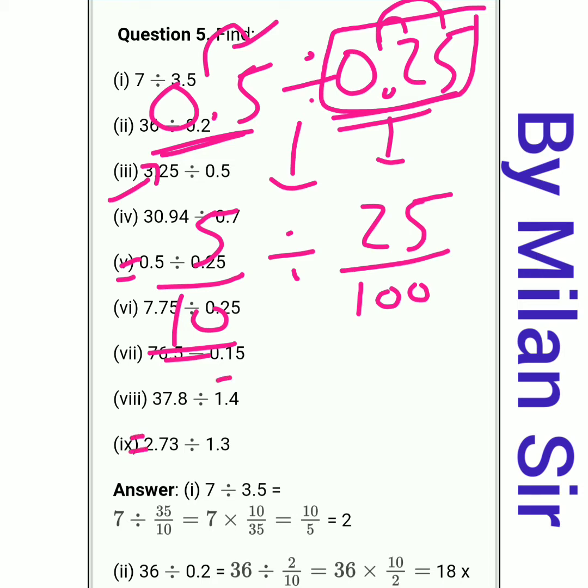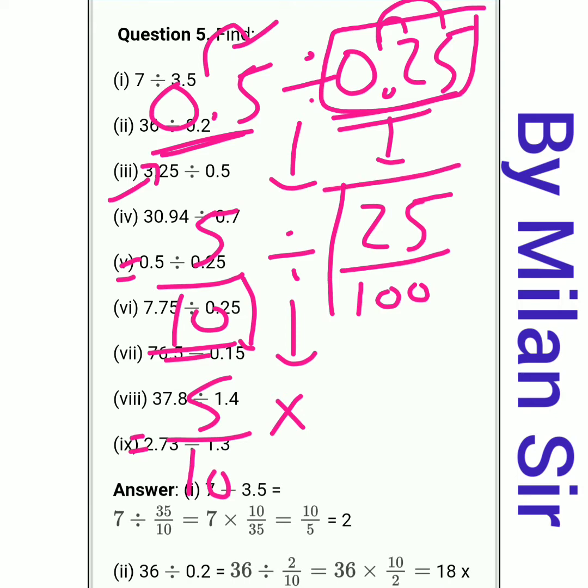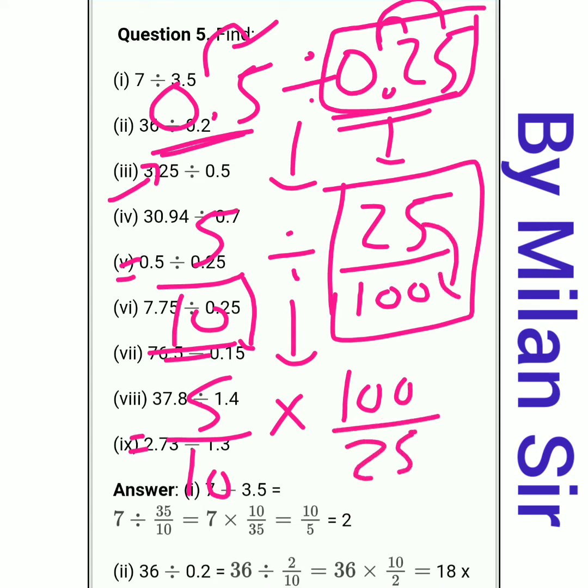Now we have 5 divided by 10; our first number remains as it is. We convert this division into multiplication by taking the reciprocal of our second number, 25 divided by 100. Reciprocal means we change the numerator and denominator, so 100 goes to the numerator and 25 goes to the denominator.